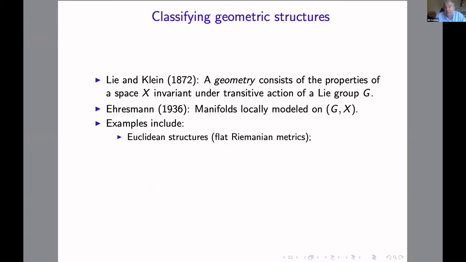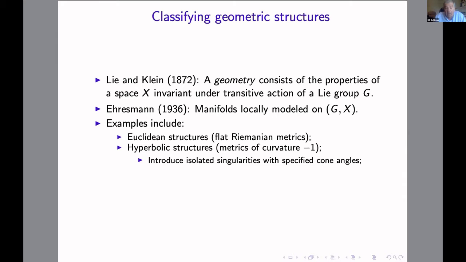The basic examples that I want to describe will be flat Riemannian metrics, which I'll think of as Euclidean structures, manifolds that are modeled on Euclidean space with coordinate changes, local isometries, hyperbolic geometry structures, metrics of constant negative curvature, and we can introduce singularities into the structures by allowing the coordinate charts to not be local diffeomorphisms, such as isolated singularities with specified cone angles.